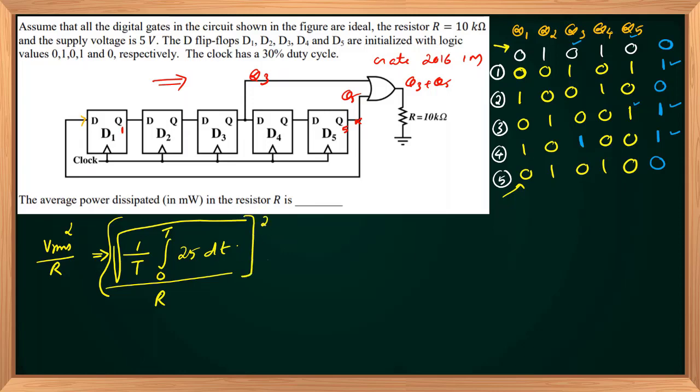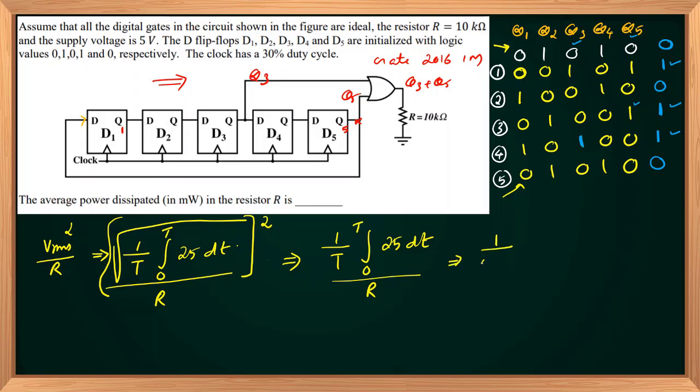We should square it, so that will turn out to be 1 over T, integral 0 to T, 25 dt, upon R. As I said, the total period of the waveform Q3 OR Q5, the voltage across R, is 5 T clock.